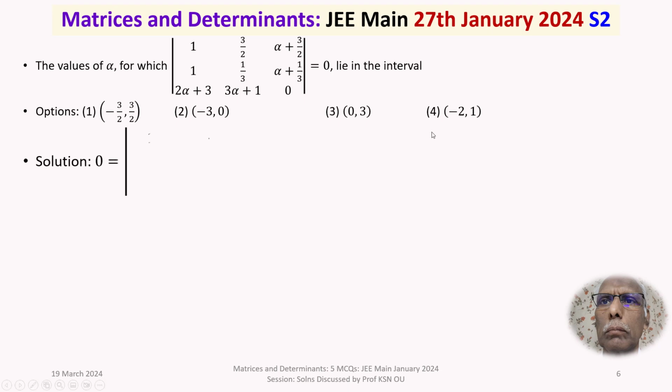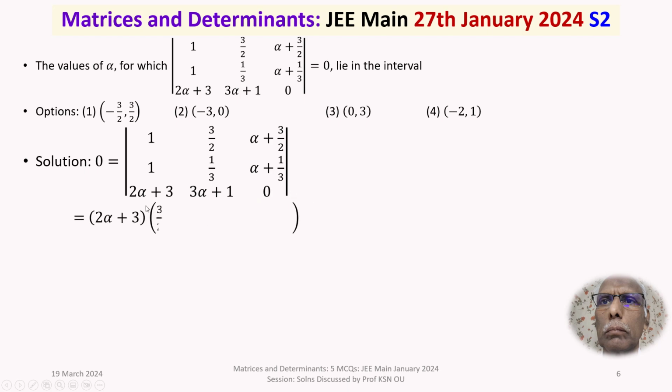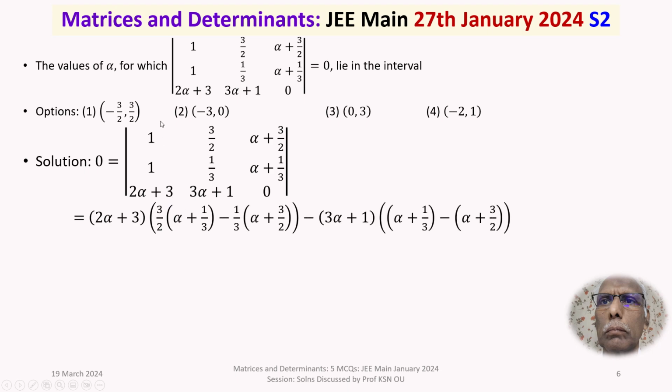So we take 0 is equal to that given determinant, right? So you expand by means of the third row. That will be easier because 0 is there. So this is equal to 2 alpha plus 3, delete first column, and third row will get this one.